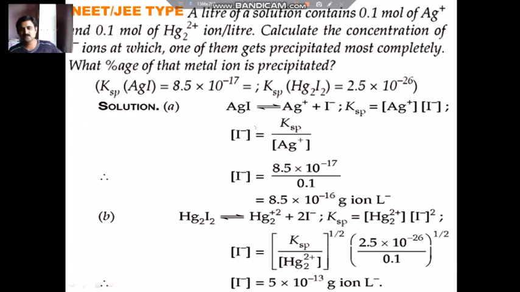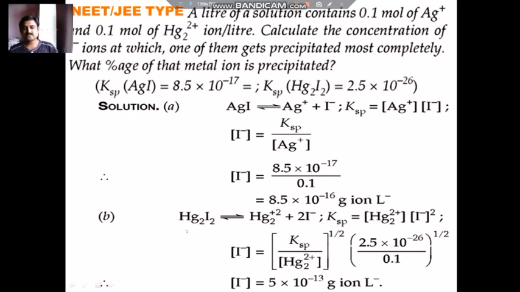In this, for silver iodide dissociation as per the Ksp expression, Ksp is equal to silver concentration into iodide concentration. In this equation, if we substitute the Ksp given and the Ag plus ion concentration, the iodide ion concentration we got is 8.5 into 10 power minus 16 gram ions per liter.